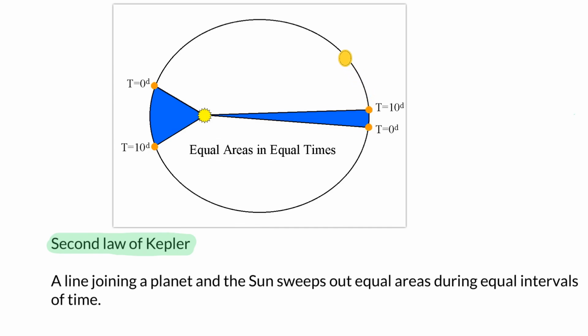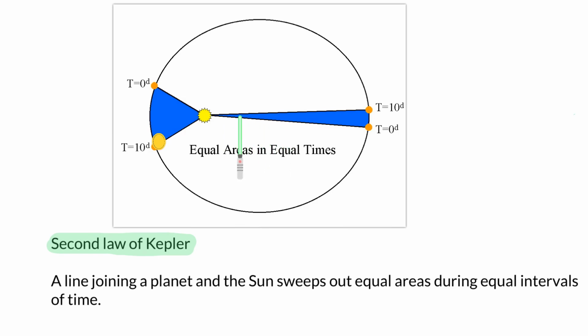Next, it moves on and reaches here, and say here the time is also 0 days, and in 10 days it comes over here. So it covers that much sectorial area.